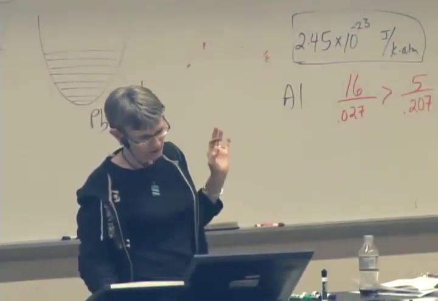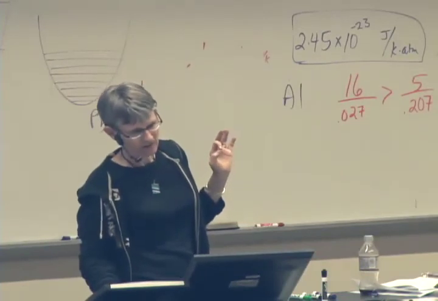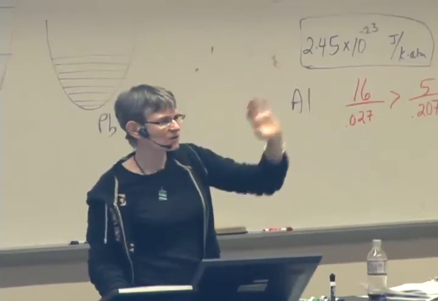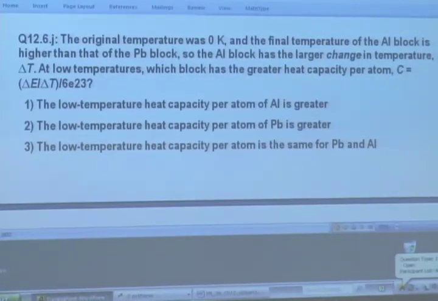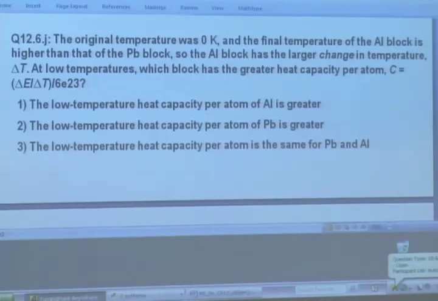Okay, so we put in 1 joule, and that made the aluminum block get hotter than the lead block. So which one at this very low temperature has the higher heat capacity? The final temperature of the aluminum was greater. You put in 1 joule, the temperature of the aluminum increased more than the temperature of the lead. So the change in temperature for the aluminum was greater.